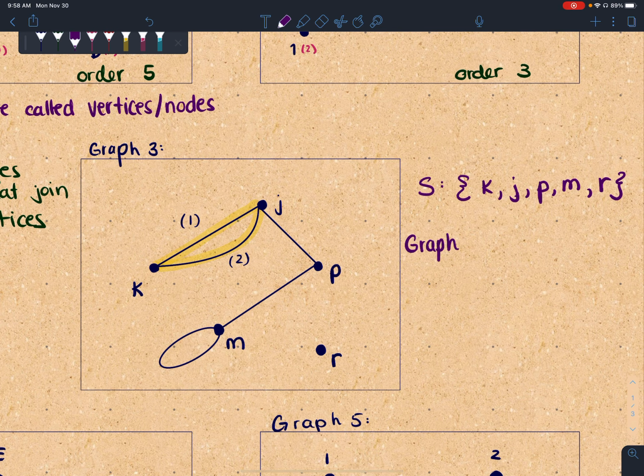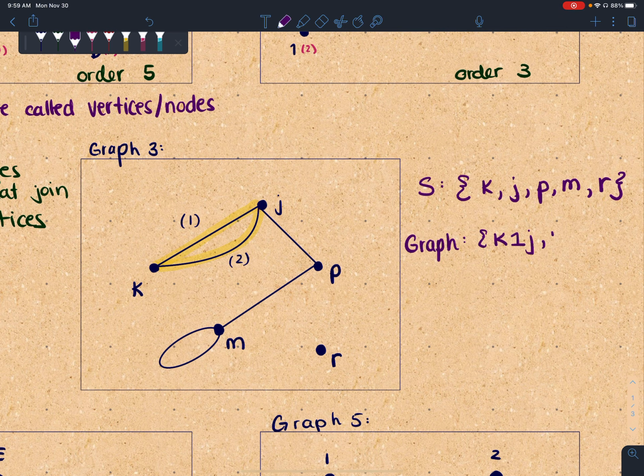to describe our graph in terms of our edges, well, we have to be specific and let the person know that there's 2 lines that connect K to J. And the way that we write that is we write K1J, meaning I am traveling from K to J using this first connection.